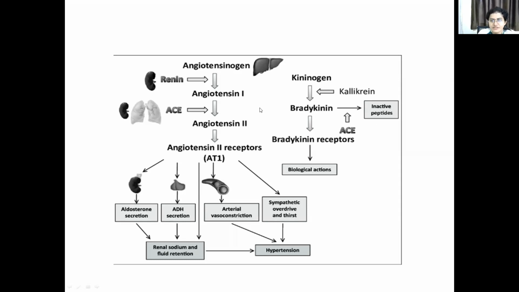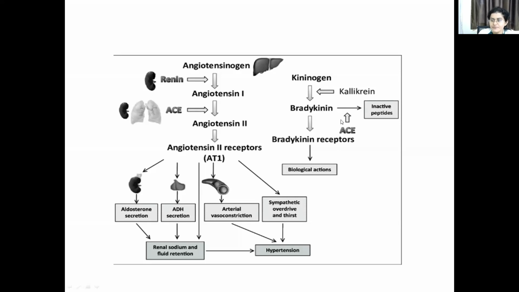So what happens when you take these ACE inhibitors? First, this enzyme will be inhibited, so this cycle no longer takes place. There is no secretion of aldosterone, no vasoconstriction, and in that way it causes a decrease in the BP. Similarly, when you block this enzyme, bradykinin cannot be degraded, so there will be accumulation of bradykinin, which acts on bradykinin receptors.